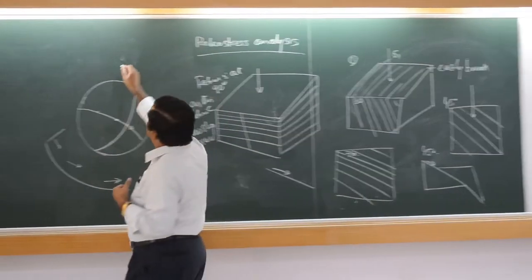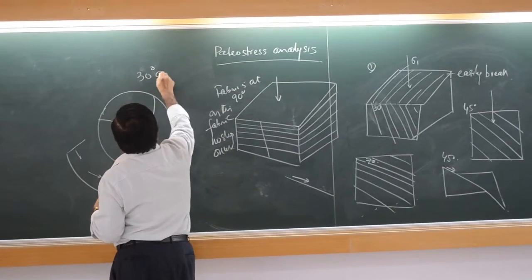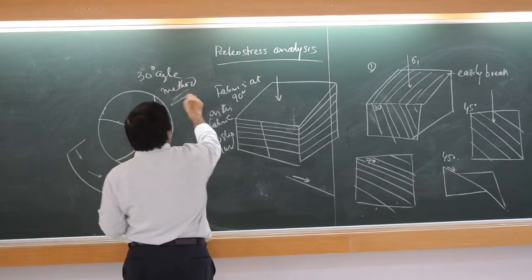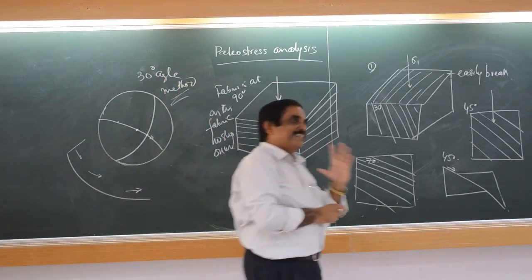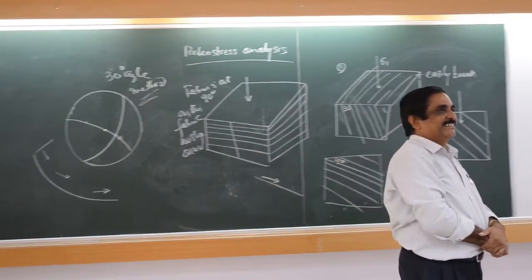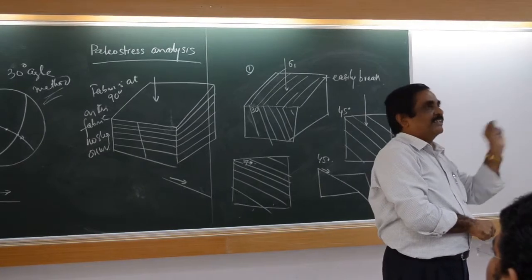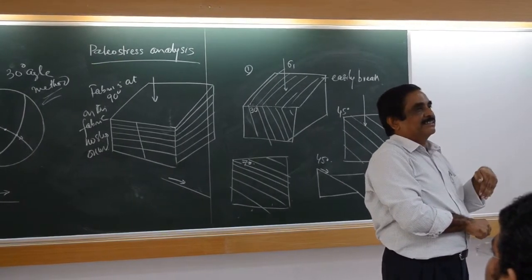So this is the 30 degree angle method. You cannot adopt it. But principally you understand what you are doing. The lichen side is the maximum shear stress. Where does the pole lie? This is the fault plane.